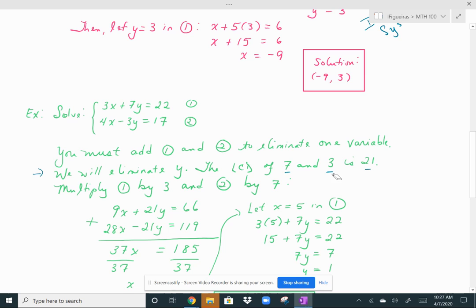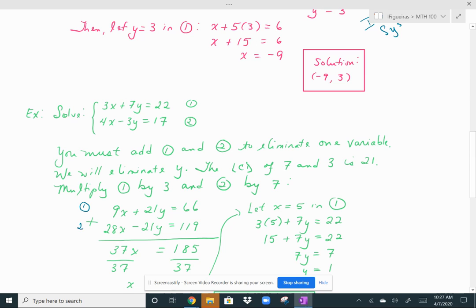So now equation 1 has to get multiplied by 3, and equation 2 has to get multiplied by 7 in order to get that LCD of 21, or LCM I should say, in that y coefficient. All right, so that's what you see here below. This is equation 1 multiplied by 3, so that becomes 9x plus 21y equals 66.